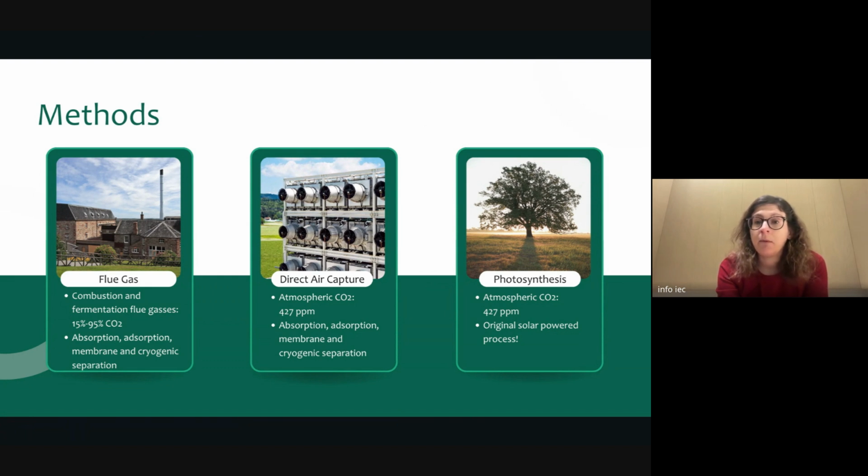And then finally, we have photosynthesis, which is nature's way of capturing carbon. This has been happening for millions and millions of years. The process of photosynthesis fixes carbon into biomaterials such as trees, grass, and that CO2 is either used as energy for the plant to respire, or it can be fixed in biomatter.